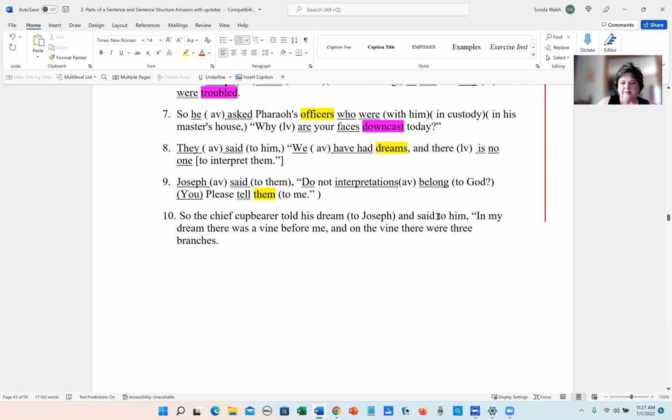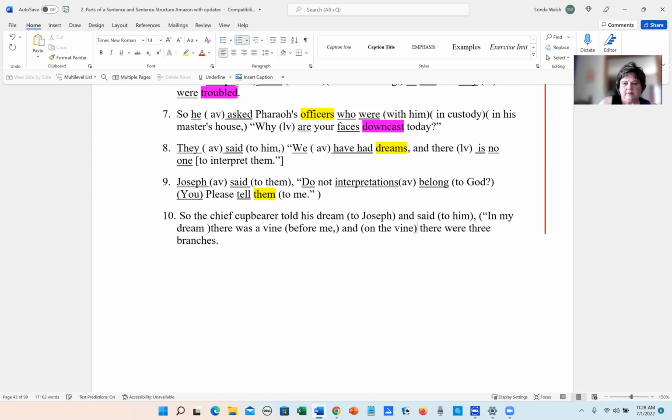To him is a prepositional phrase. In my dream is a prepositional phrase. Before me is a prepositional phrase. On the vine is a prepositional phrase.